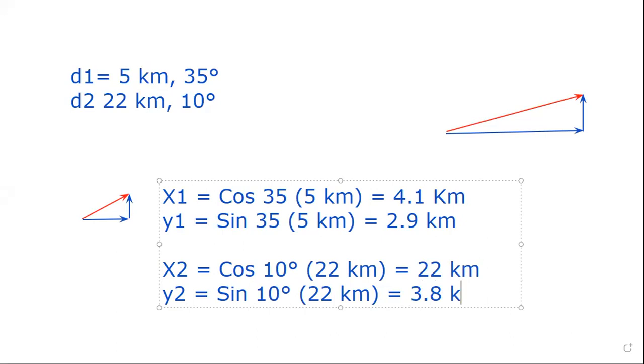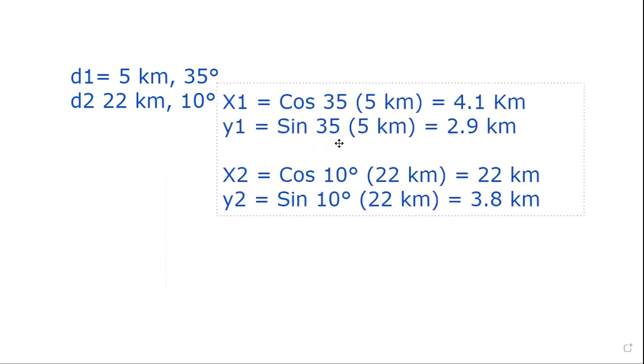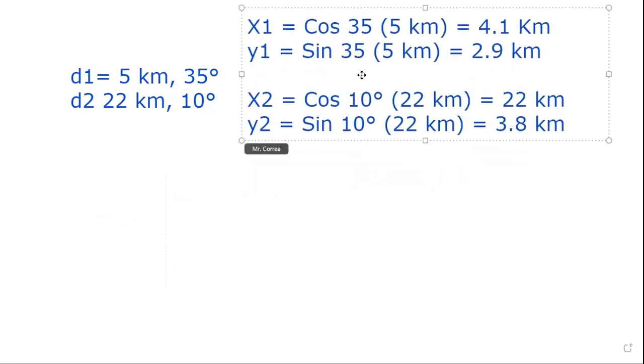Once you have that, what is the next step? What do we do after? I'm going to add them. I'm going to move this higher up so that we can continue to work down there.